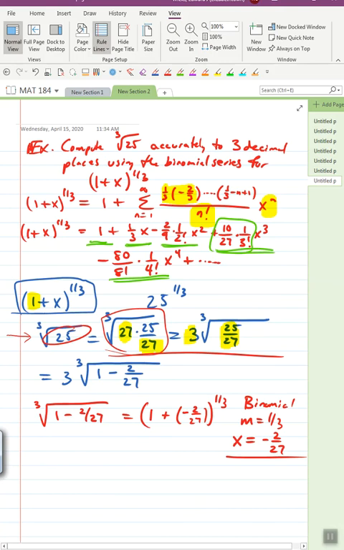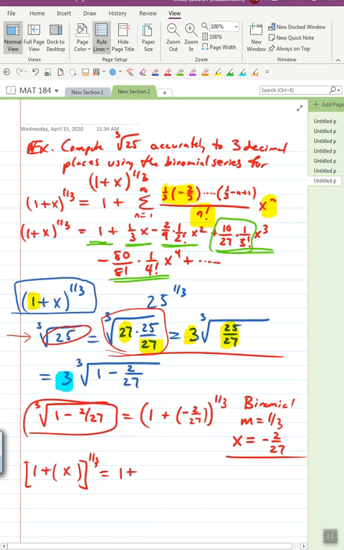Alright, so let's write out what we've got. If I just work on this, and I'll ignore the 3 for right now, I know 1 plus a negative 2/27 to the 1/3. According to my binomial theorem, let's just put an x there for a minute.